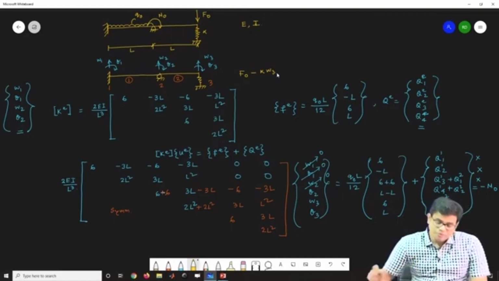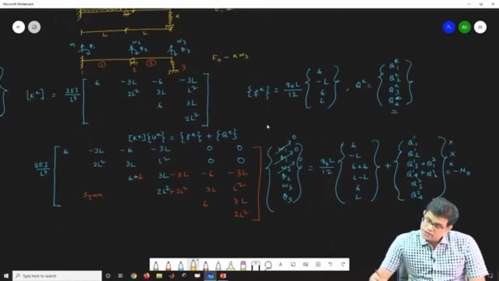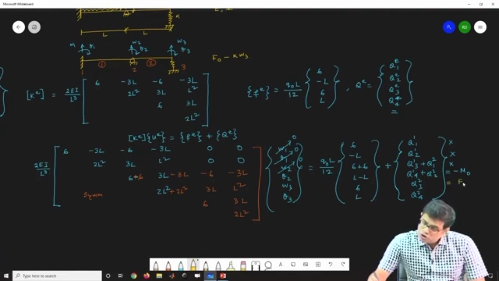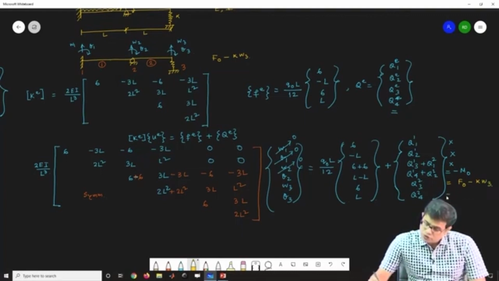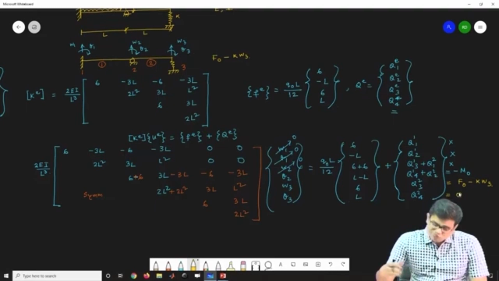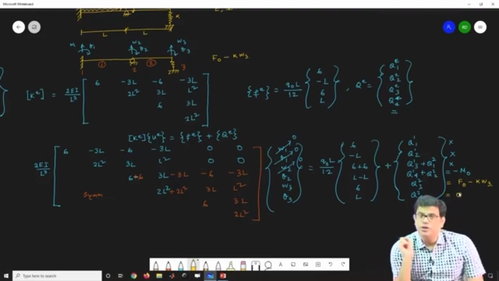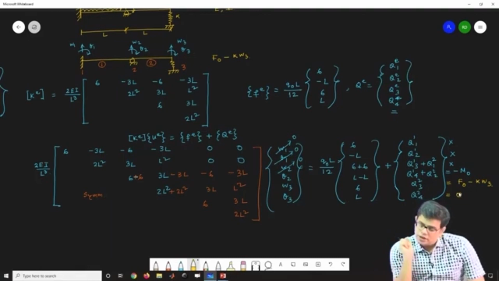So now this quantity should be your F0 minus K of W3. And Q24 is also 0. So there is no moment applied, so it is free to rotate also. So that is your equation.